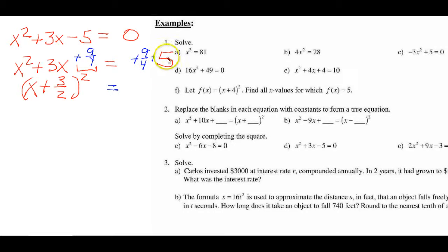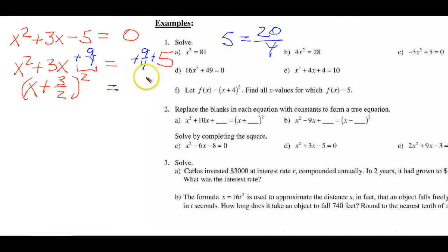Now here's the little tricky part. We have to add these. We have a fraction and a whole number. Well, in order to add these, we have to make the 5 into something that is with a denominator of 4. So that becomes 20/4. So 5 is 20/4.